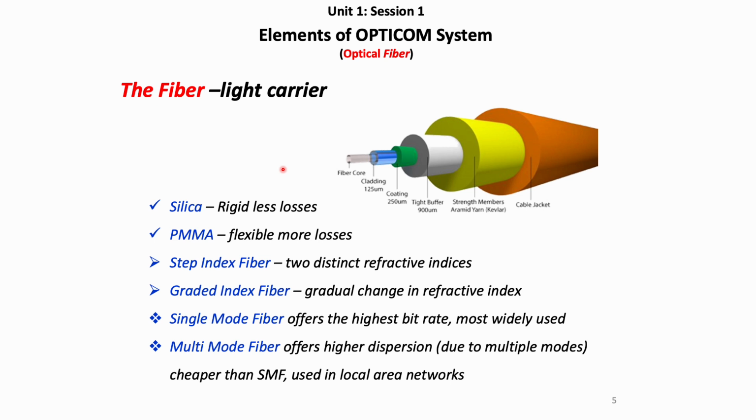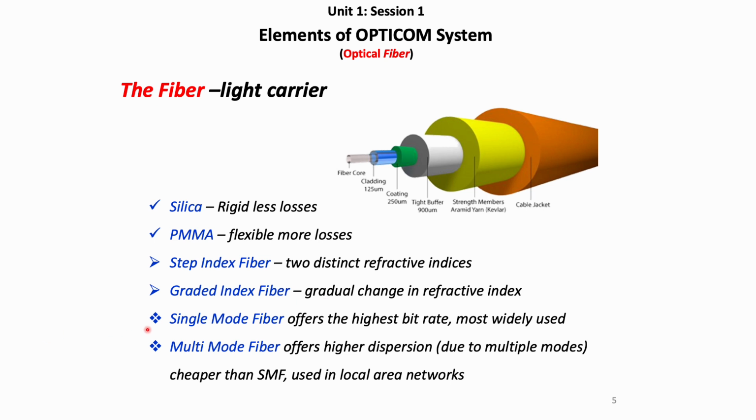In the graded index fiber, the word graded means a gradual change. Instead of the abrupt step transition, there is a gradual transition between the core and the cladding.